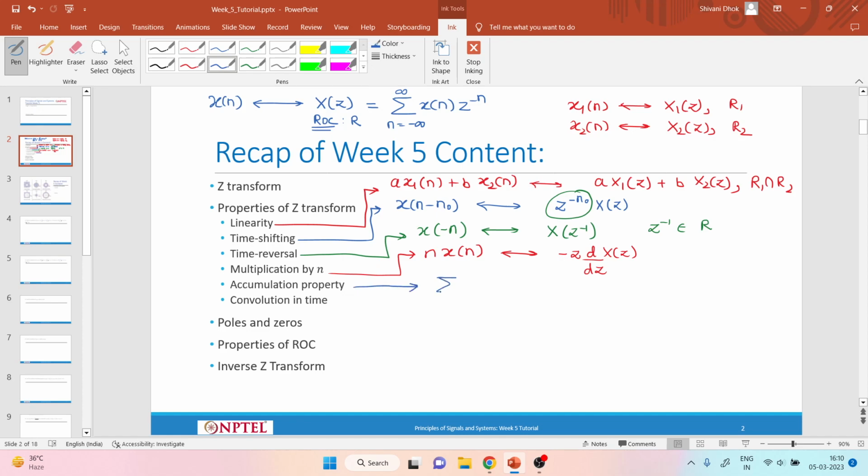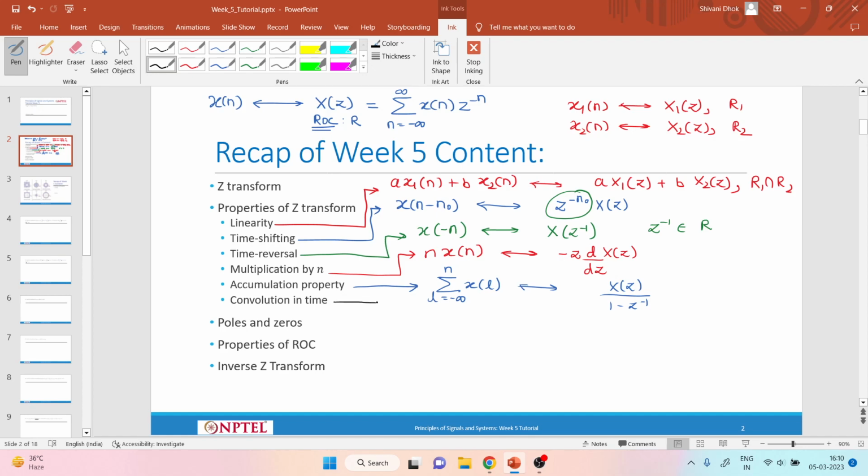So if I accumulate signals from, let's say, L equal to minus infinity to n, x of L, then this has Z transform as x of z divided by 1 minus z inverse. So here also my region of convergence remains same, but here we may get a pole at z equal to 1.